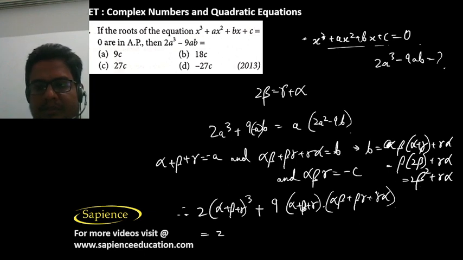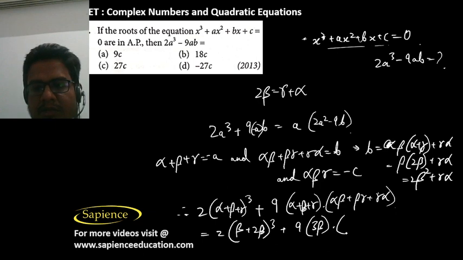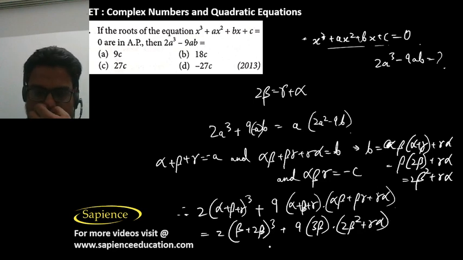So b is this. So this is 2 into beta plus 2 beta whole cube plus 9 into this is beta plus 2 beta, that is 3 beta, into b, this is 2 beta square plus gamma alpha.